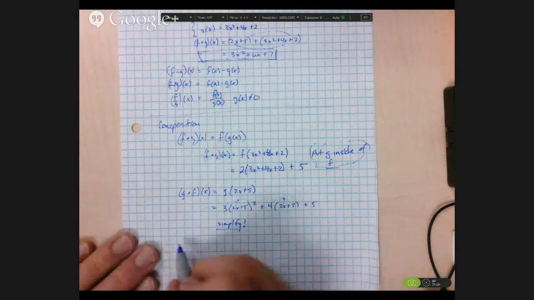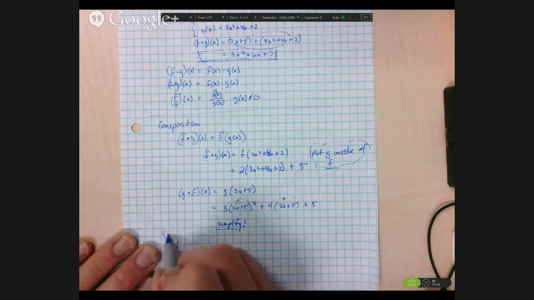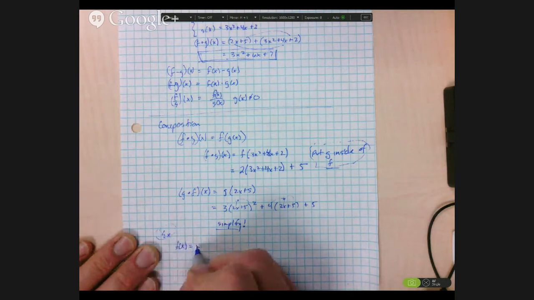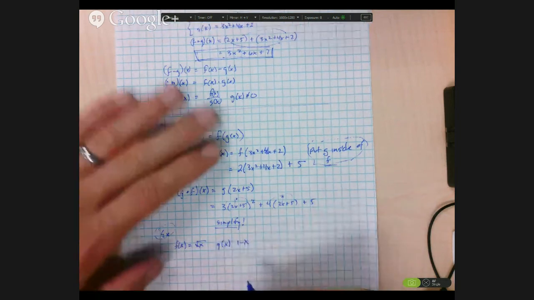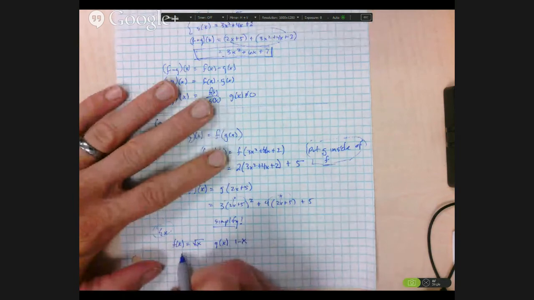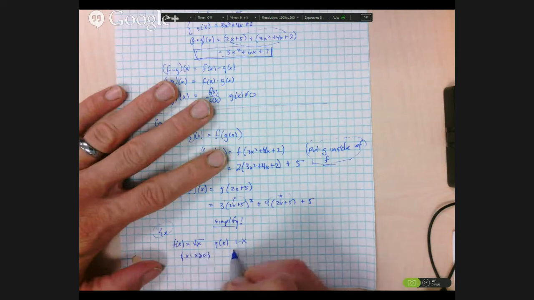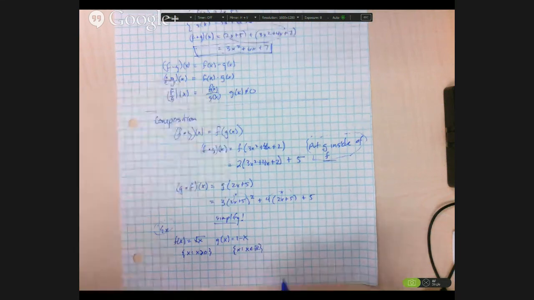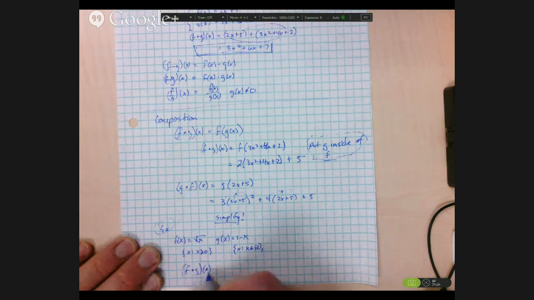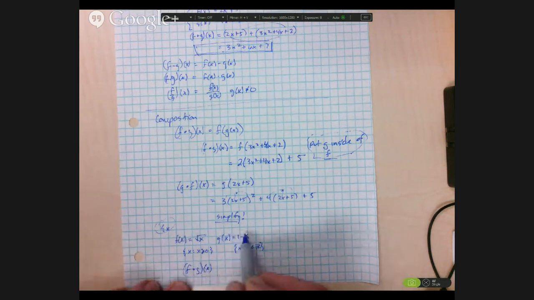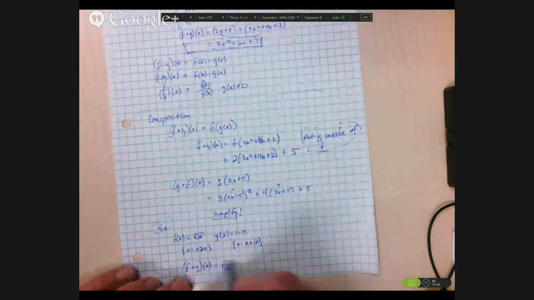Like if you look in your book, this is your example. If f is the root of x and g is 1 minus x, the domain of this is the set of x such that x is greater than or equal to 0. This one is the set of x such that x is a real number. But if I do f of g of x, I'm going to put this one inside, I get the root of 1 minus x.